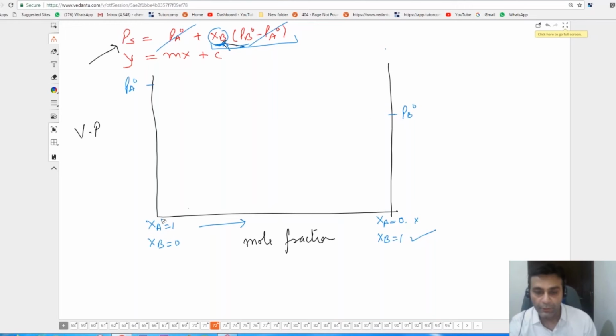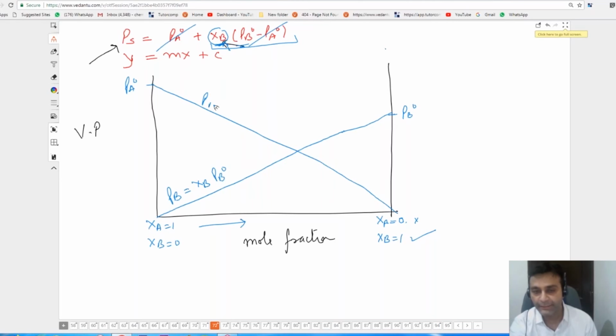Right. Now I'm just drawing a straight line. I'm joining, my dear. Give me some time. Now this is clear, right? So this is PB equal to mole fraction of B into PB naught.